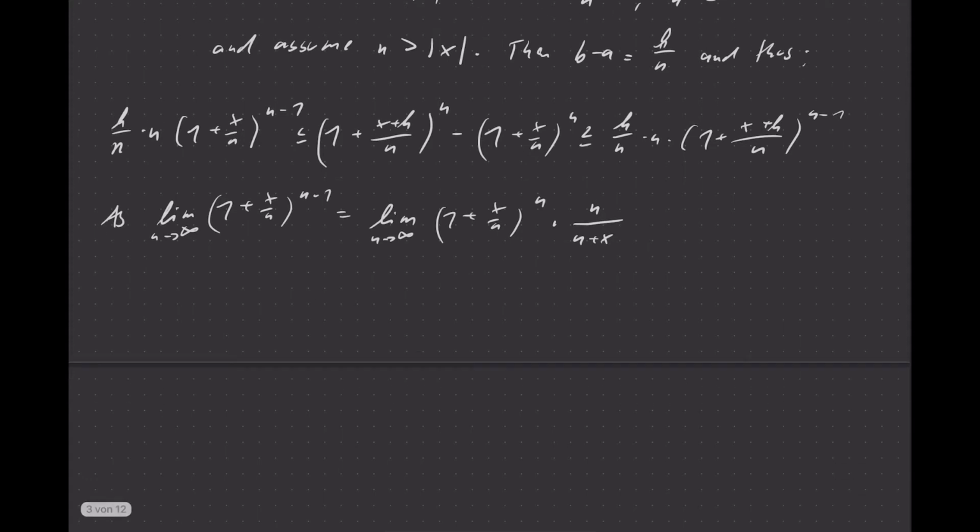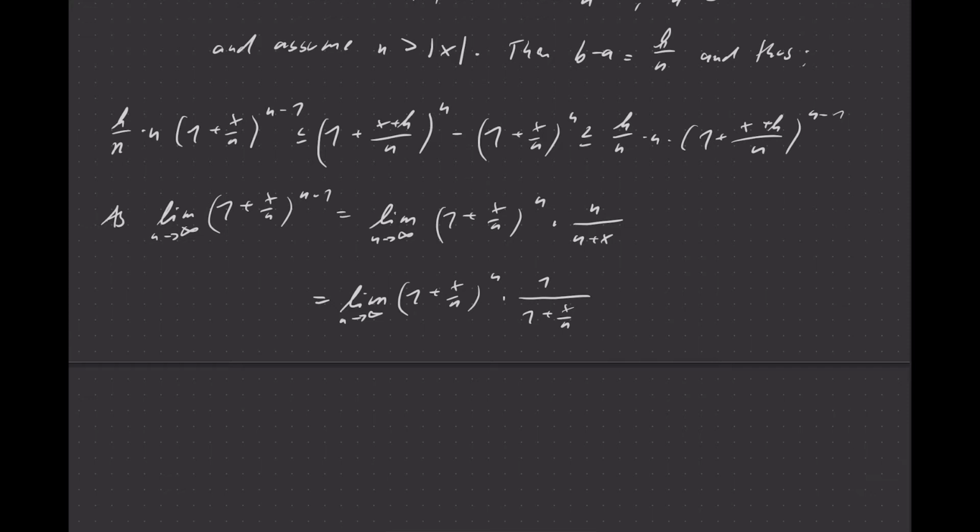And now if we want to compute this limit, well, what we get here is, again, 1 plus x over n to the power of n times, and this here is equal to 1 over 1 plus x over n.